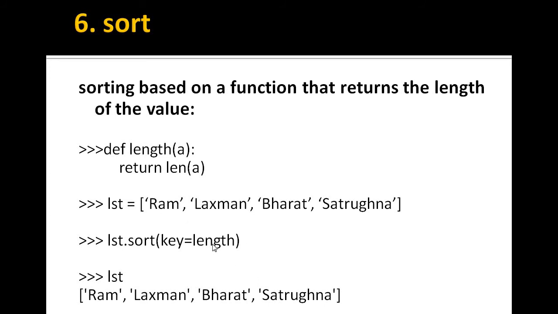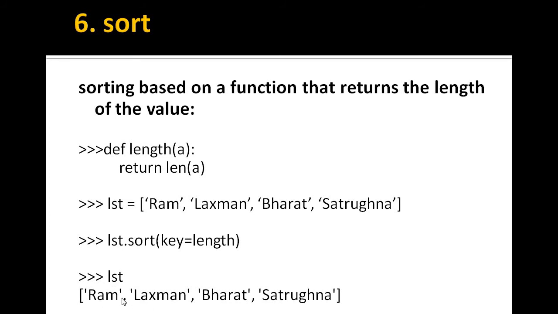When this length function is passed, it will sort the list based upon the function. This function is given one by one each value of the list. It determines their length, and so it sorts the list in order of increasing length. So here you can see the result.